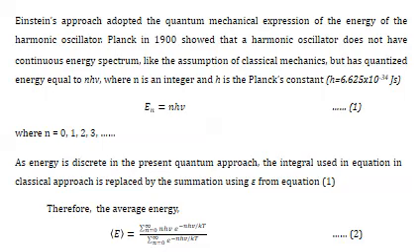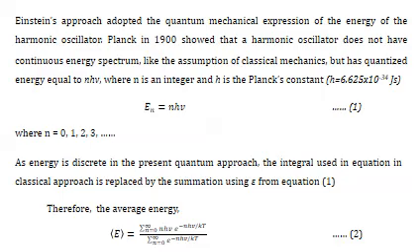So, what is the difference here between the classical and quantum approach? In the classical approach there is no summation, but in the quantum approach the summation of energies takes place, and in place of E they substitute nhν.